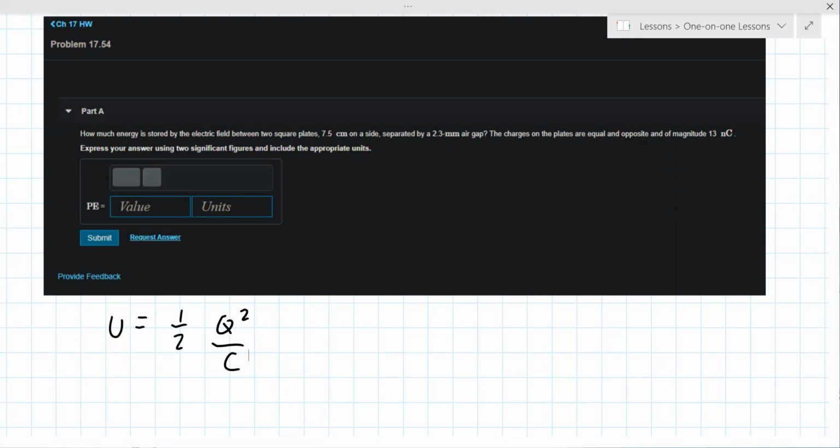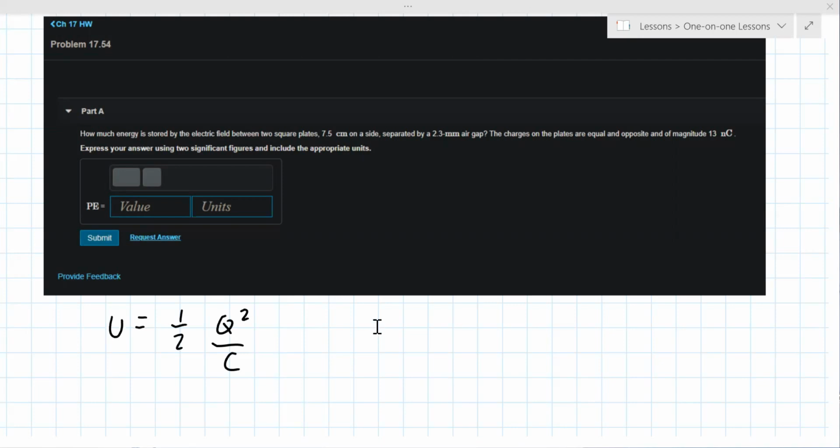Okay, so Q, sorry, let me just do something real quick here. All right, so Q, actually they find C first.